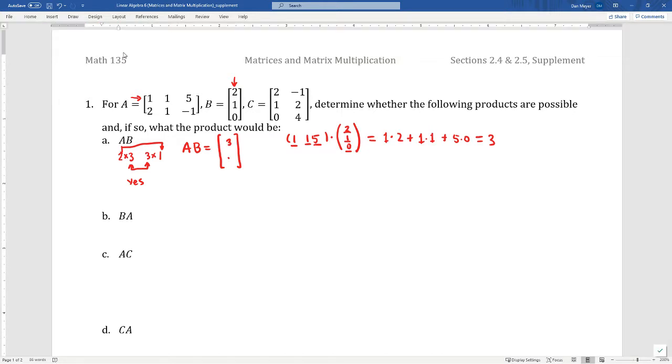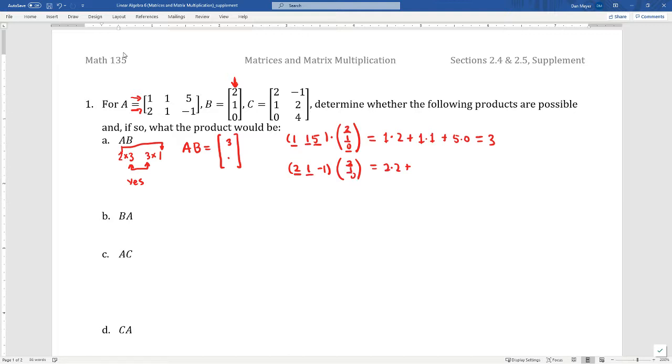And then for the second entry, we're taking the second row of A times the only column of B. So taking the row vector 2, 1, negative 1 times the column vector 2, 1, 0. First times first, 2 times 2.